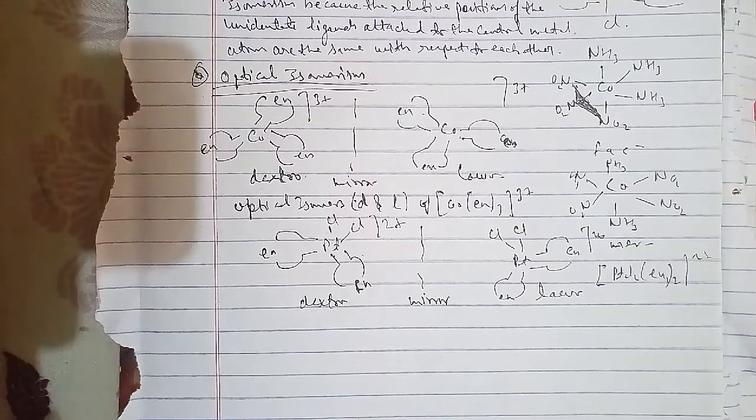The first one is: draw structures of geometrical isomers of [Fe(NH3)2(CN)4]-.